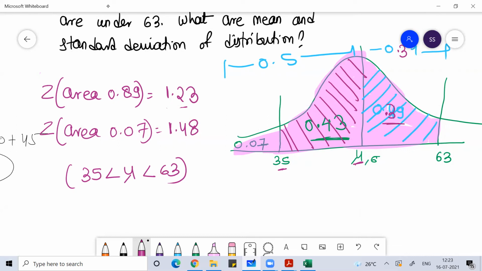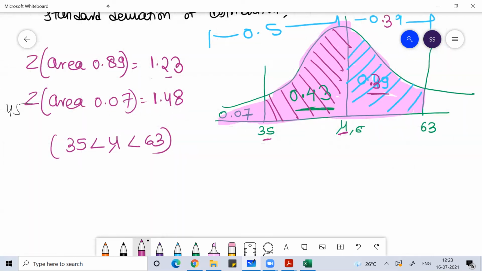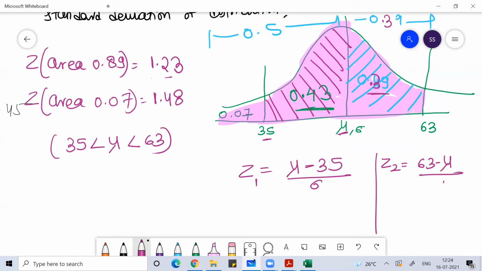So z1 is (mu minus 35) by sigma and z2 is (63 minus mu) by sigma.